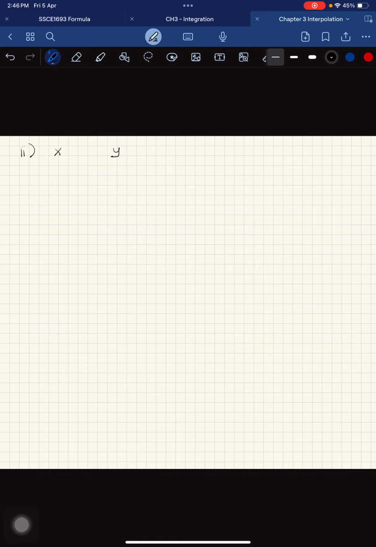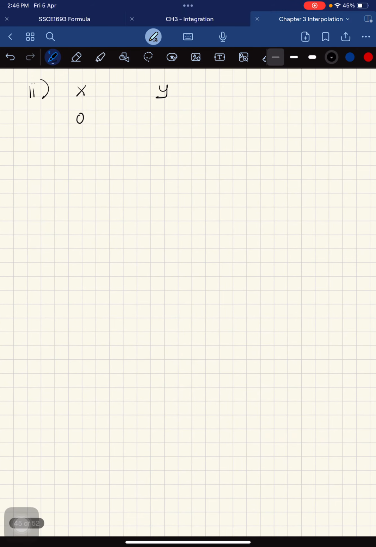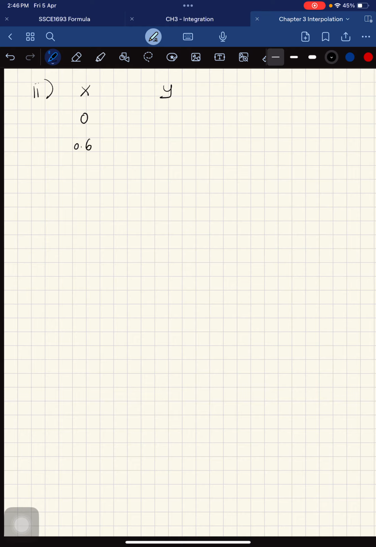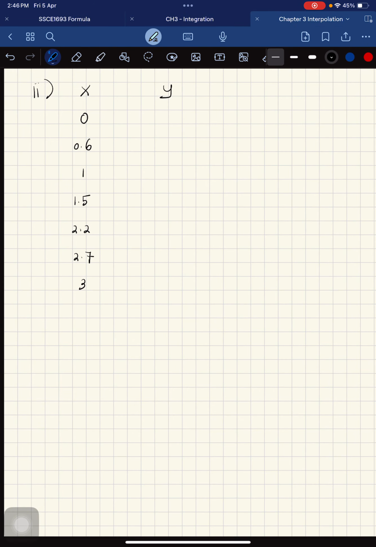number 4. So we have x is 0.6, 1, 1.5, 2.2, 2.7, and then we have 3.